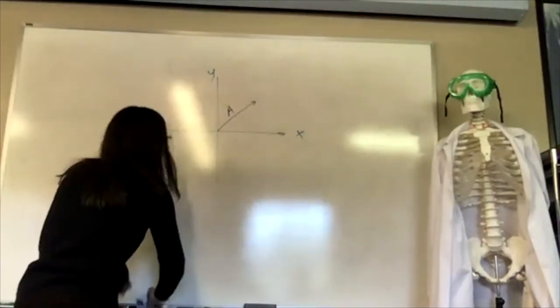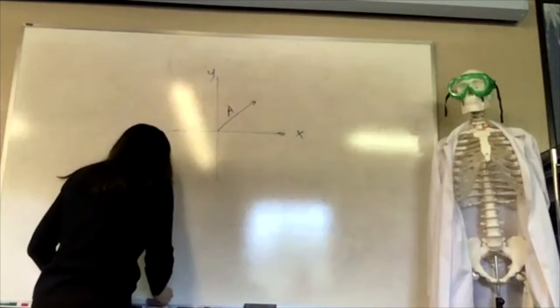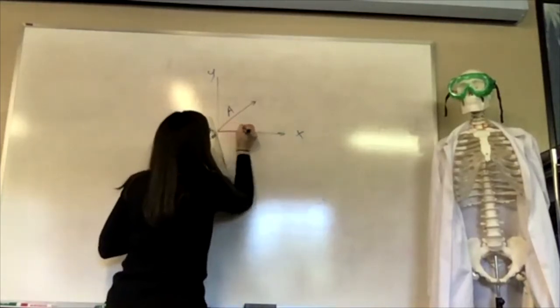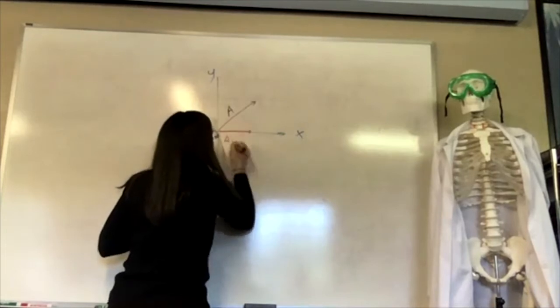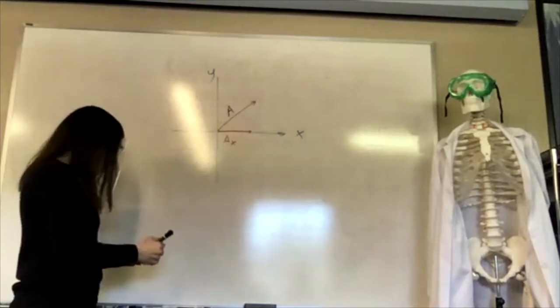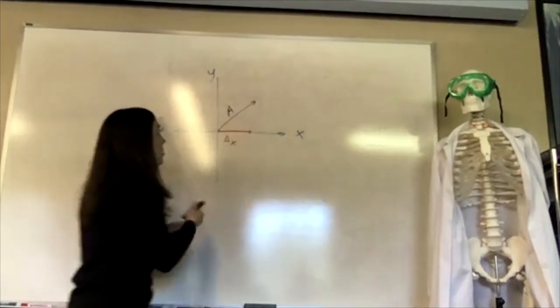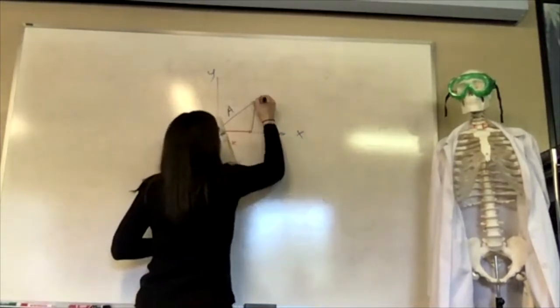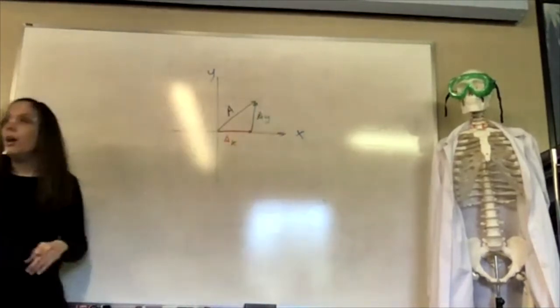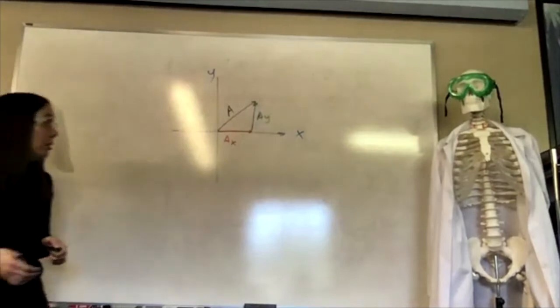So we would have a value for x and a value for y. So A of x would be how far horizontal it goes. And then A of y would be how far up it goes. So that's the vertical and horizontal component of the purple vector.